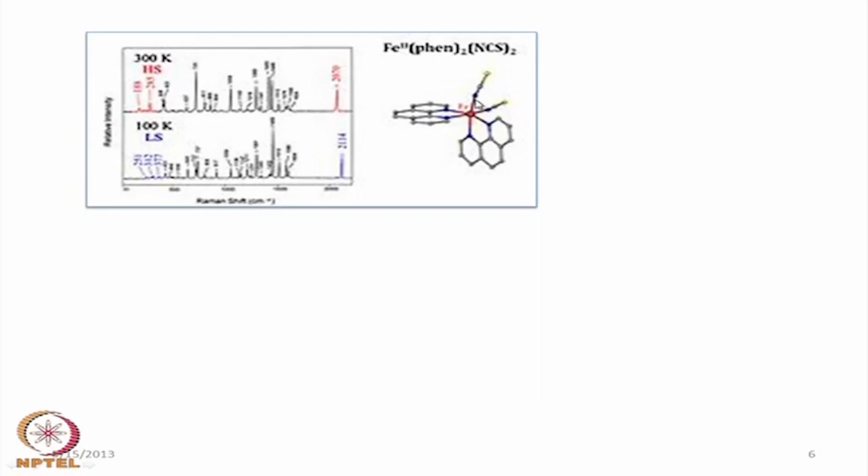That electron push can modify the corresponding stretching frequencies of these thiocyanate groups, and this particular stretching frequency is going downward from 2134 to 2070. That downward movement signifies that we have a high spin situation for this particular molecule.